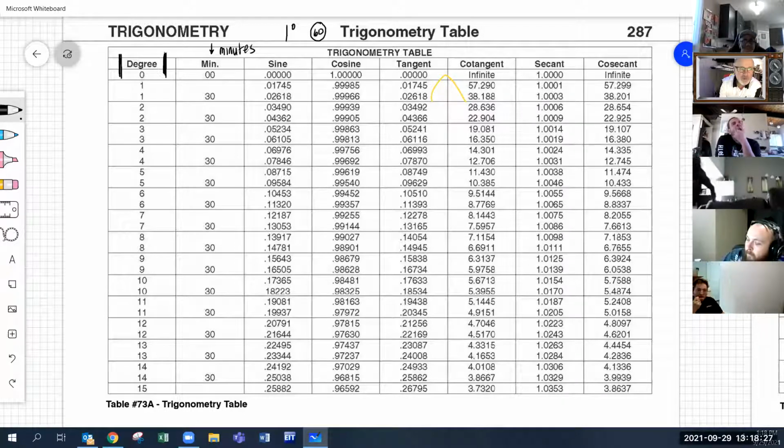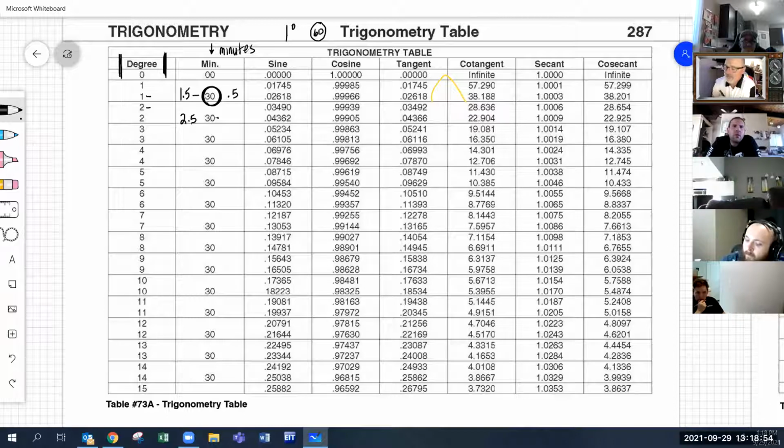So here, if we have 30 minutes, it means a half of a degree. So where it has 1 with 30, it means it's 1.5 degrees as the angle. If we have 2, so the degree is 2, 2 and 30 means that's 2.5.